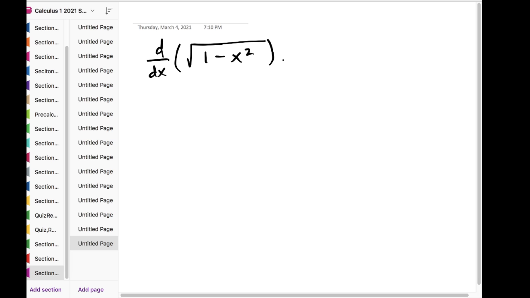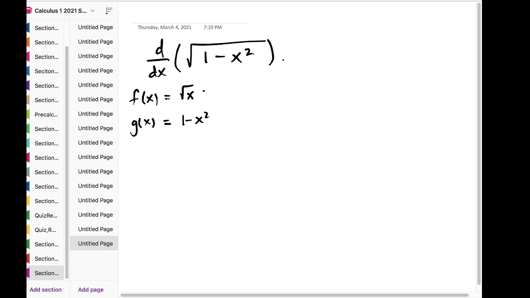Okay, so what's f and what's g? Yep, f is radical x, and then what's g? Is the other thing, yeah, 1 minus x squared.